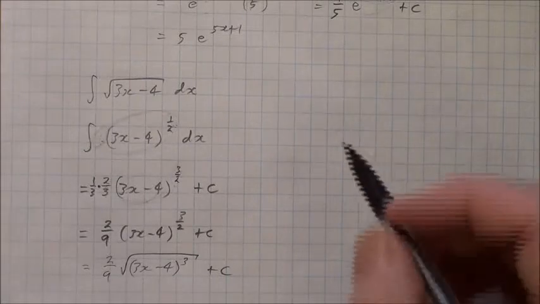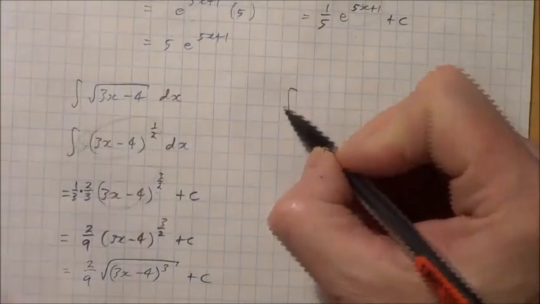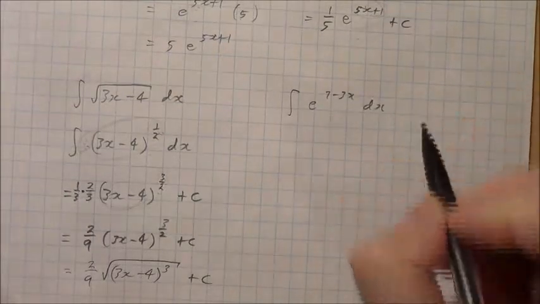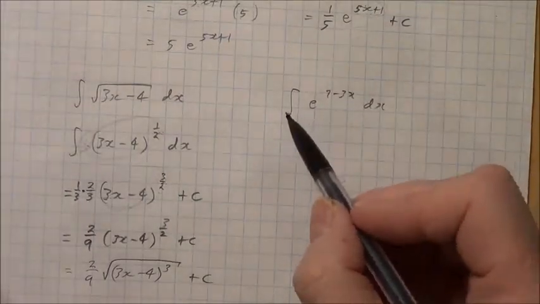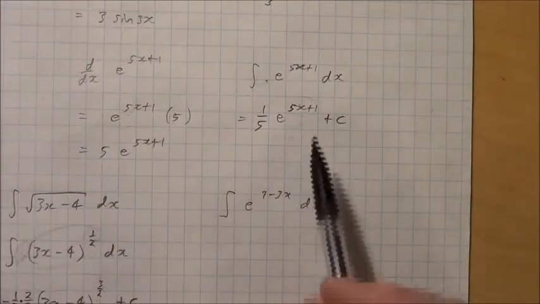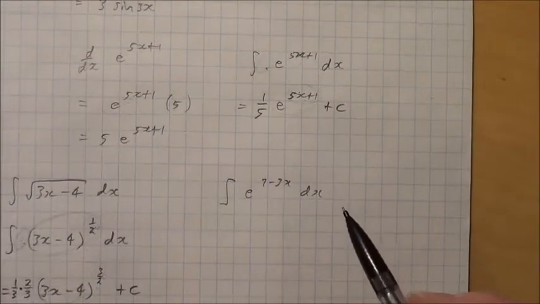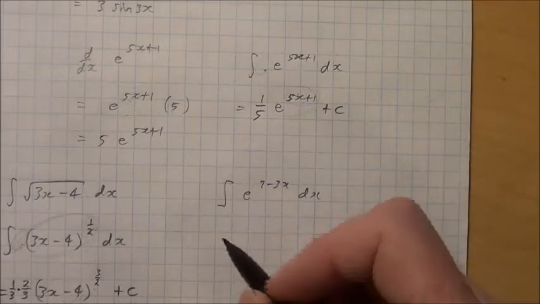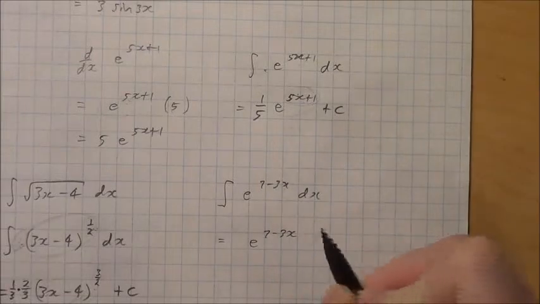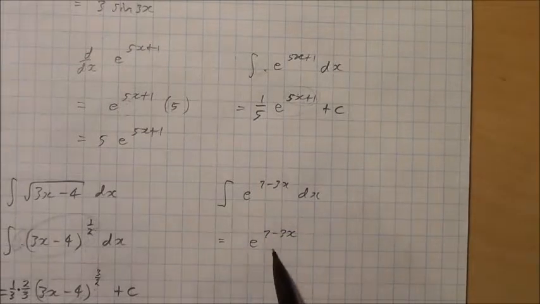Okay, let's take a look at the integral of e to the 7 minus 3x dx. Well, like we had up here, when you differentiate an exponential function, it just gives that exponential function again. So I would be safe to write e to the 7 minus 3x.